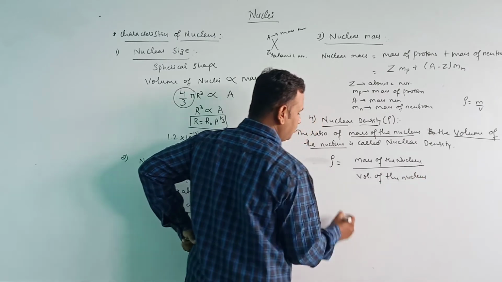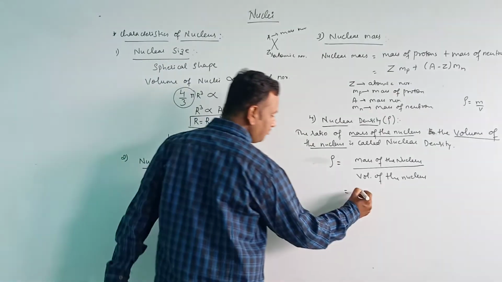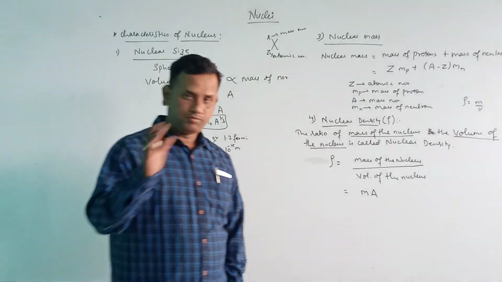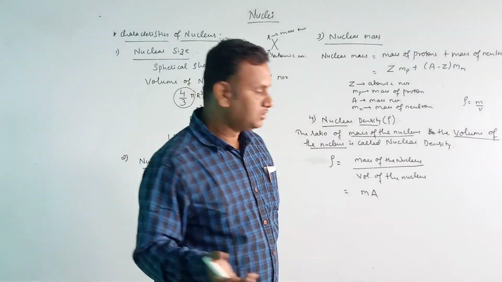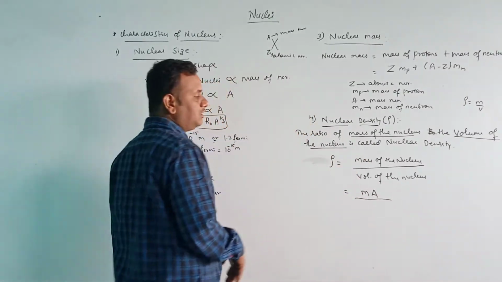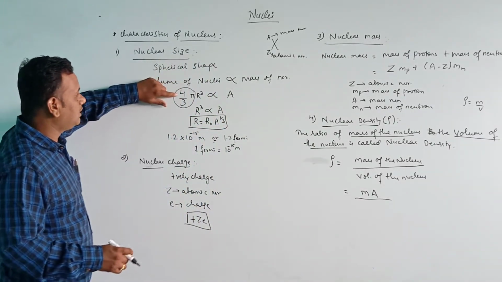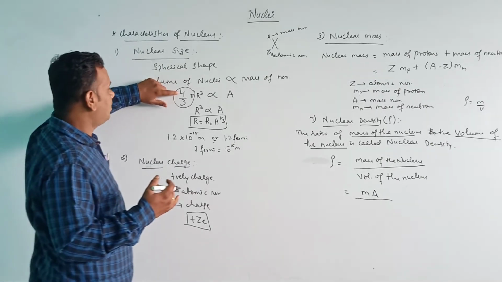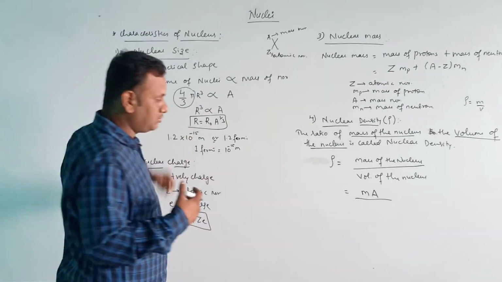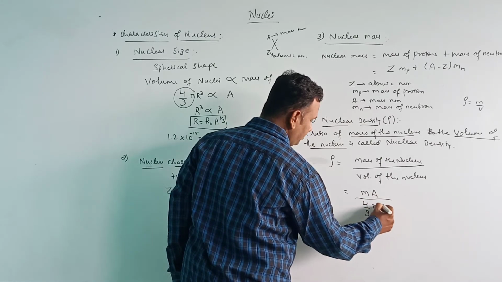The mass of the nucleus is m into A, since mass number means protons plus neutrons, divided by the volume of the nucleus. As the nucleus is in spherical shape, its volume is taken as 4/3 pi r cube.